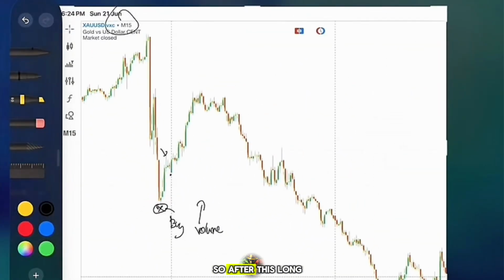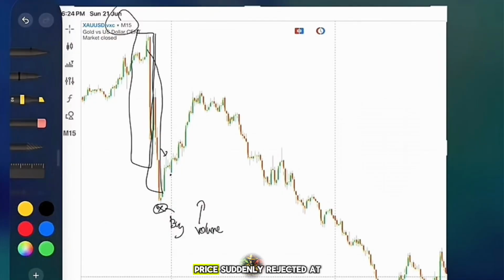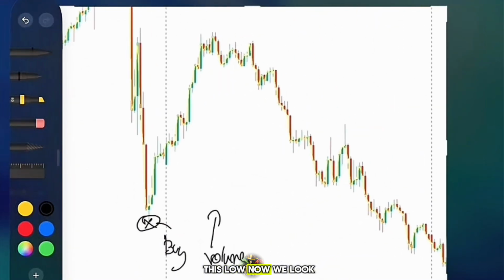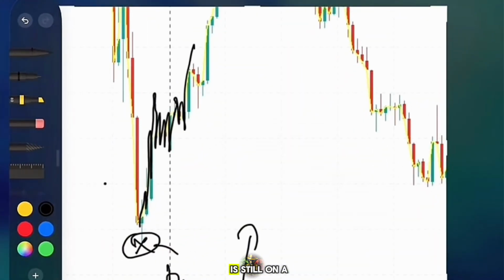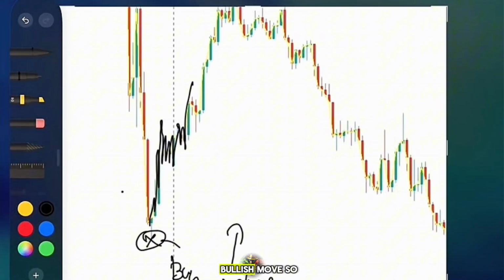After this long bearish candle, after this whole bearish movement here, price suddenly rejected at this low. Then price came up, went down, sideways here. Once the start of the day, price pushed up here, sideways, pushed up again. This indicates that price is still on a bullish move.